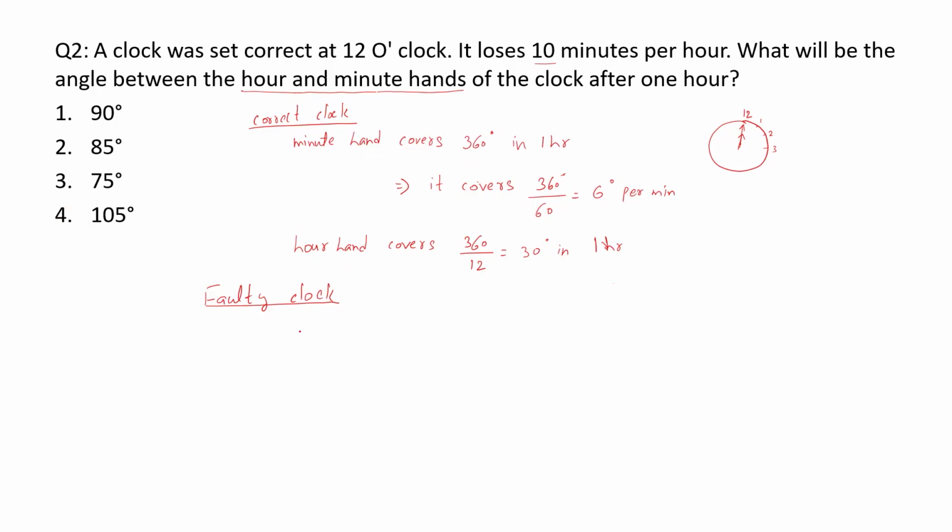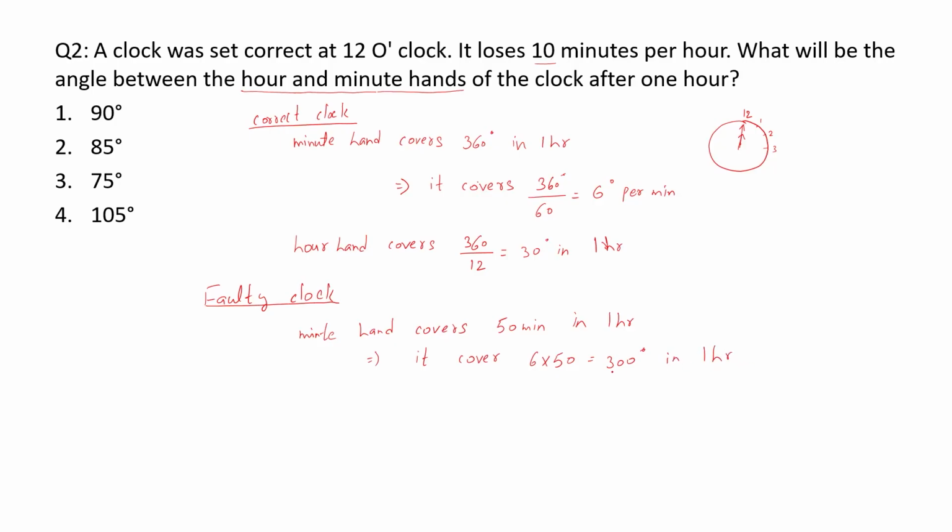So in the faulty clock, the minute hand covers 50 minutes in 1 hour. So this implies it covers 6 into 50, that means 300 degrees in 1 hour.